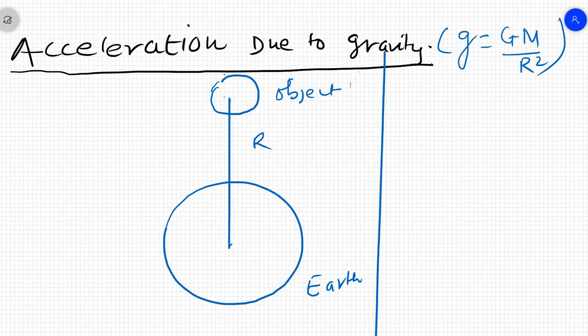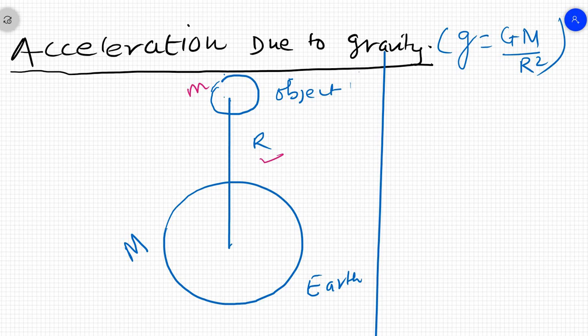Now according to Newton's universal law of gravitation, there is always attraction between two objects. Say earth has mass M and object has mass m, and the distance between them is r, which is equal to the radius of the earth.